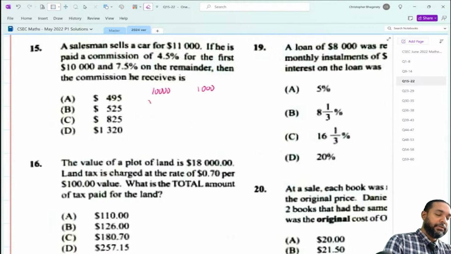You multiply 10,000 by 4.5%, which is 0.045, and the 1,000 by 7.5%, which is 0.075. Shift the decimal, and you get 450 plus 75, so 450 and 75 is 525.